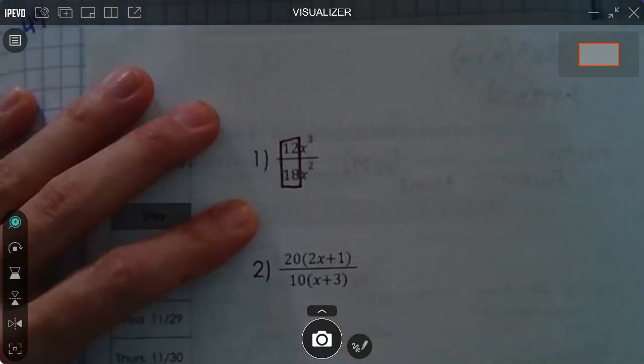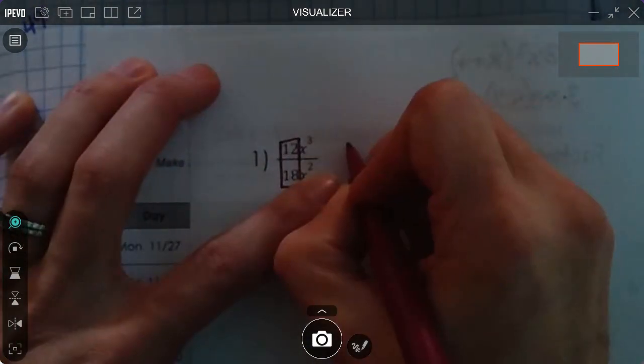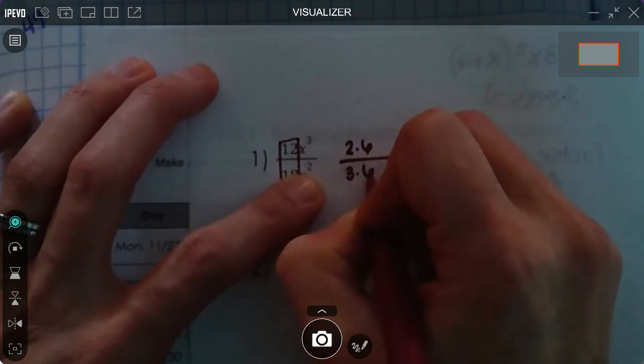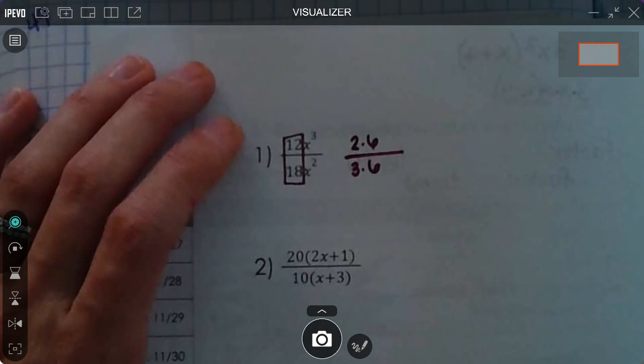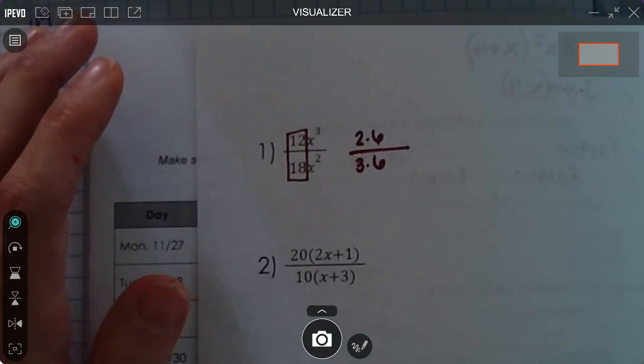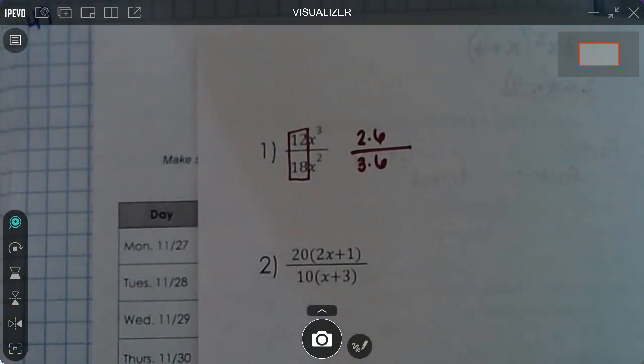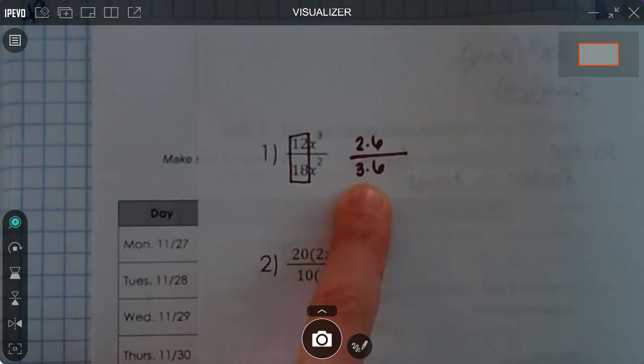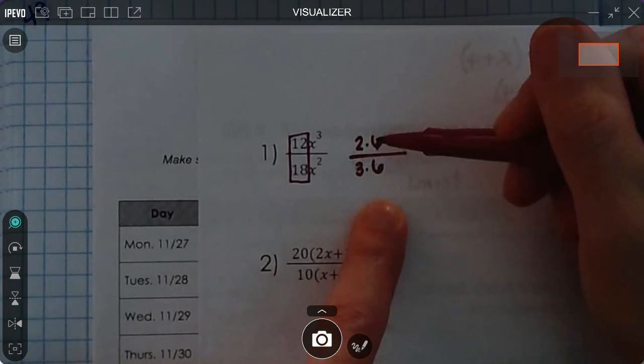You can also think about it as just the numbers. Desmos will do the numbers, but it will not do the variables. So let me show you why you are dividing by 6. Do you agree 2 times 6 is 12, and 3 times 6 is 18? What do they both have in common?